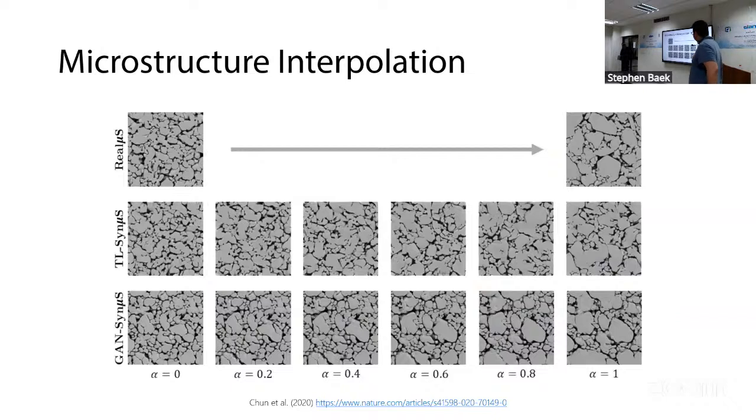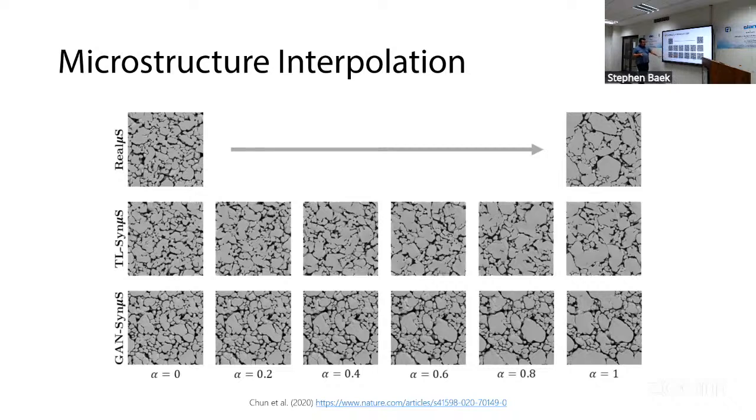Now, this is where the fun begins. Let's say we have a real microstructure that looks like this, and then a real microstructure that looks like that. And somehow you want to find an in-between image. So using GAN, what you can do is to first encode this one into the generative parameter Z, and then same thing, you encode this one into some generative parameter Z as well.